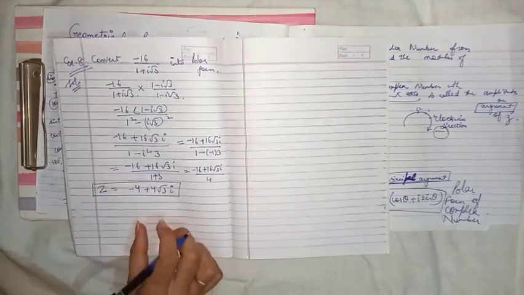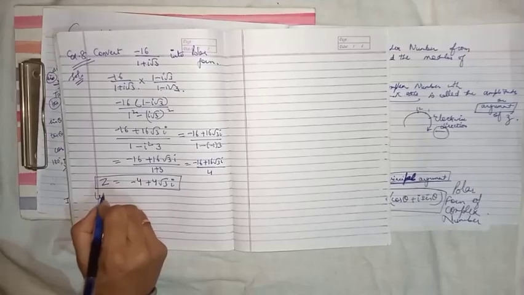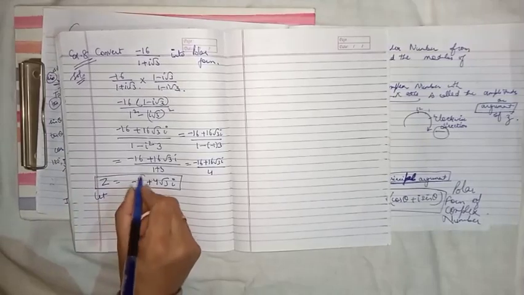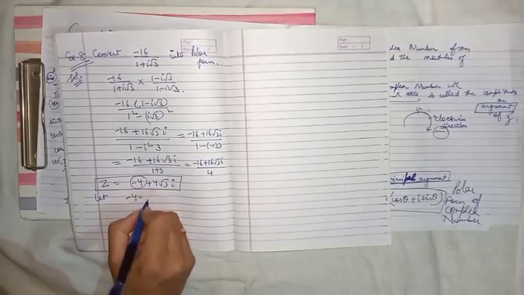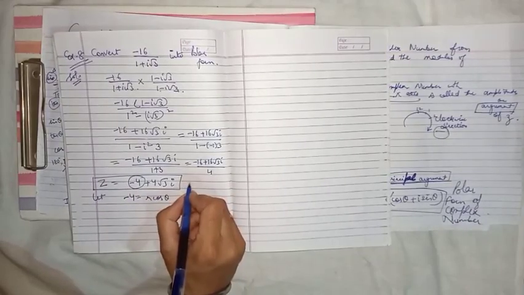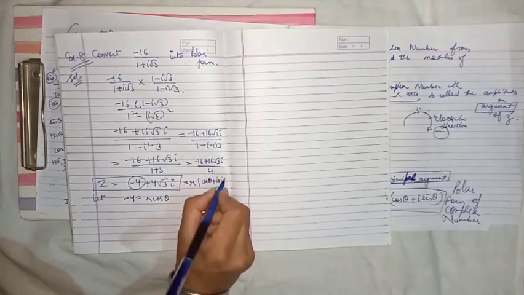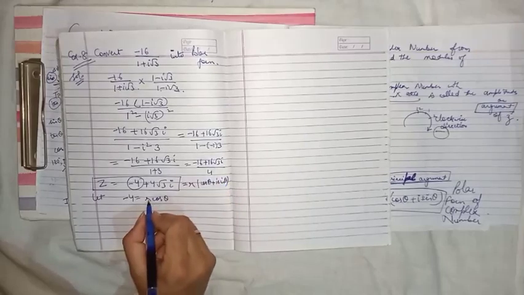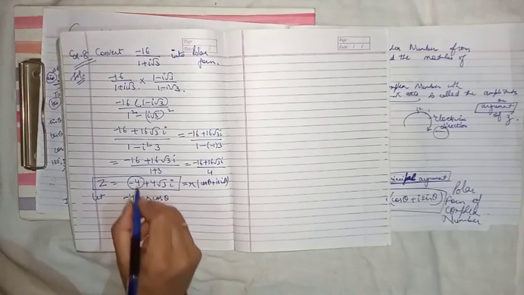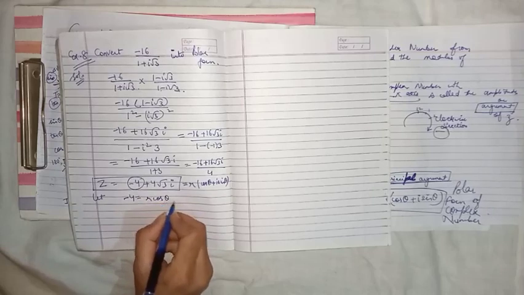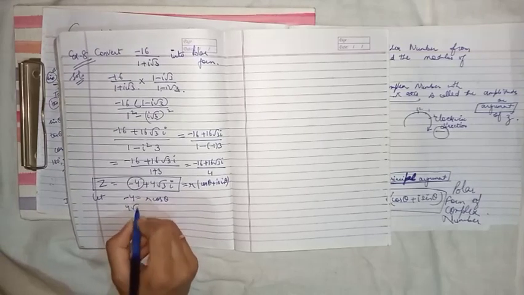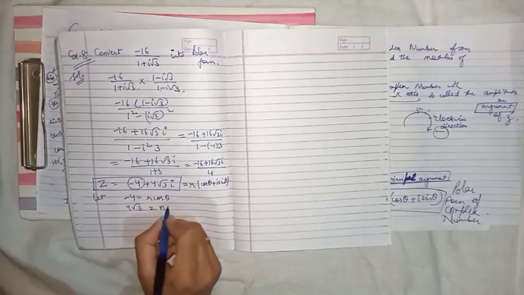Now let the real part equal r cos theta, because we need to express this into the polar form. In the polar form z equals r into cos theta plus iota sin theta. So we are introducing r here. Let real part equal r cos theta and imaginary part equal r sin theta.